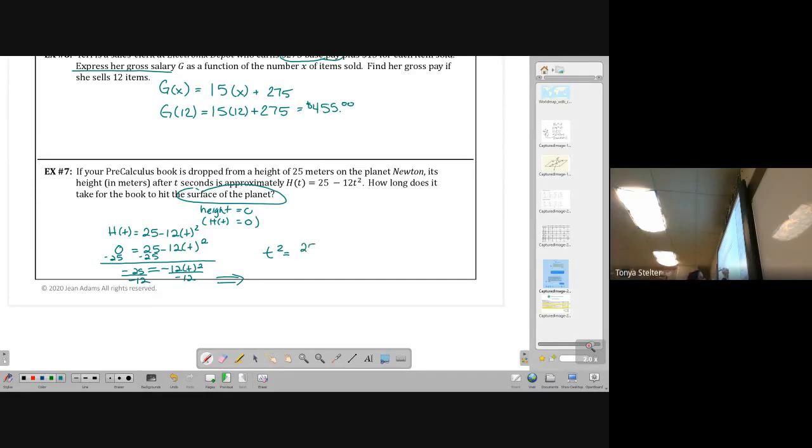We'll just leave it as 20. You can get the decimal if you want, but I don't know what that decimal is, so I'm just going to leave it like that. If you plug all that into your calculator, you should get about 1.443 seconds. So it's going to hit the surface of the planet in about 1.443 seconds.